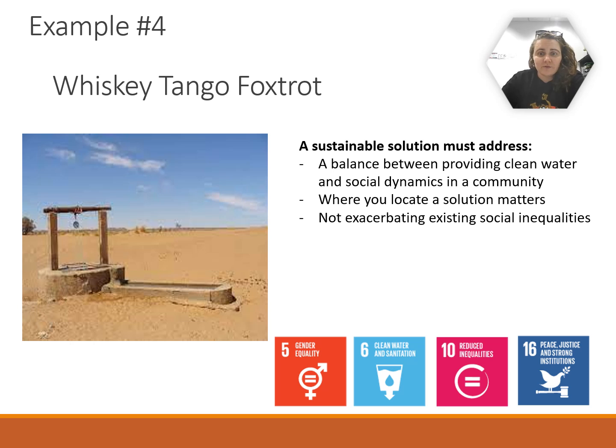So a sustainable solution here needs to think about the balance between providing clean water, because that is important, but also considering social dynamics in a community, right? Where you locate a solution and who has access to that solution absolutely matters. And we don't want to exacerbate any existing social inequalities.